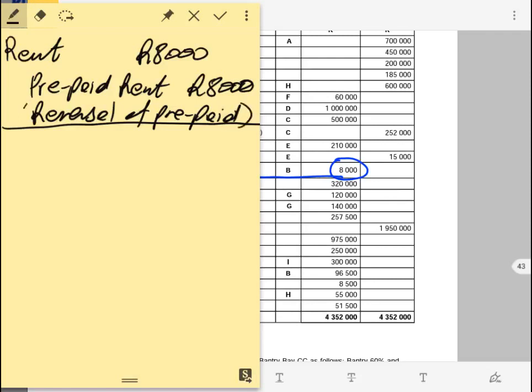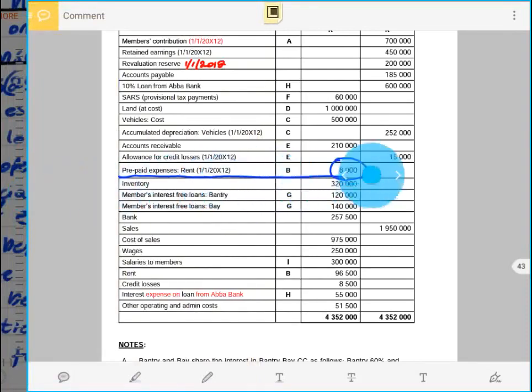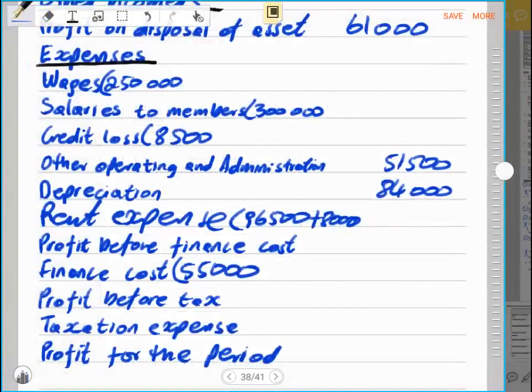That is why rent is recorded as a plus in the income statement, because in the general journal rent is debited. So now we just add that 8,000 under the rent expense.